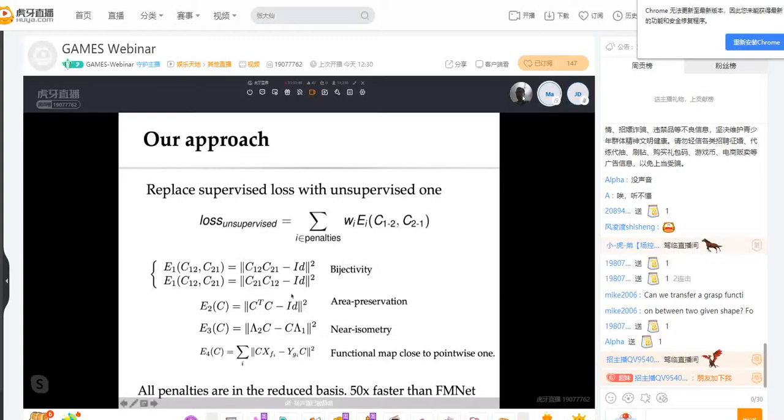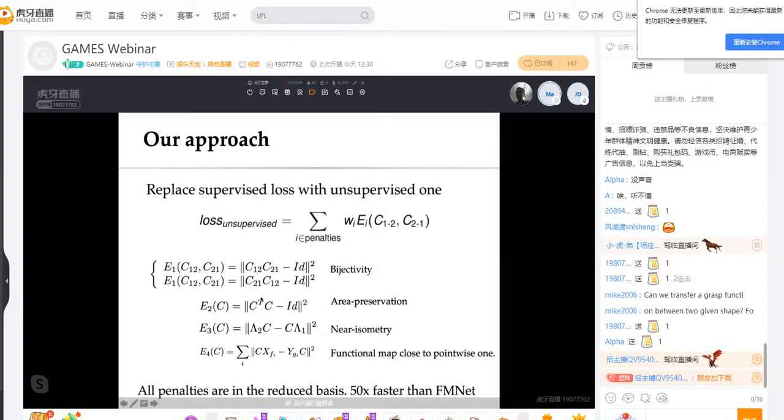So we impose a loss that is a weighted combination of different losses. The first term is what we call bijectivity, which is basically, when you compose these 2 maps, how far is the composition from identity. So this is like the cycle consistency loss that is very popular in computer vision. And this is basically the same thing.